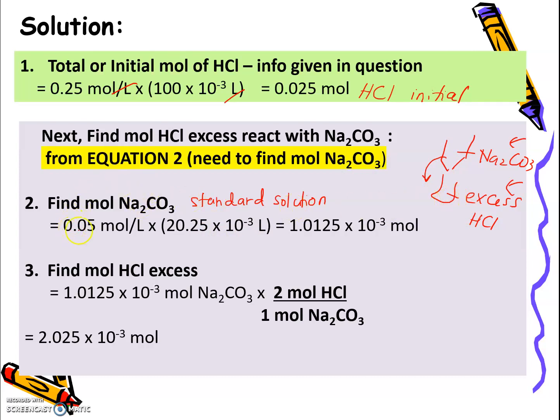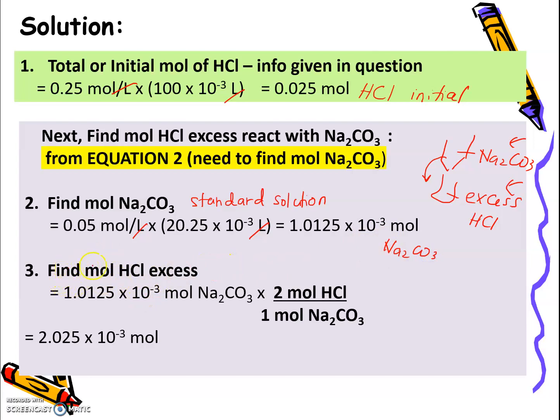So given molarity of sodium carbonate 0.05 mole per liter times volume of titre in ml, you change into liter unit. Mole per liter times liter, you get number of mole, 1.125 times exponent negative 3 mole sodium carbonate.